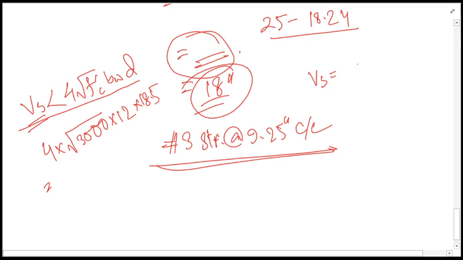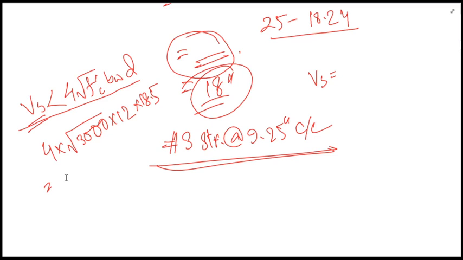The required VS was, how we have calculated the required VS. So this one, after calculation, let's calculate this thing. 4 root 3000 into 12 into 18.5.